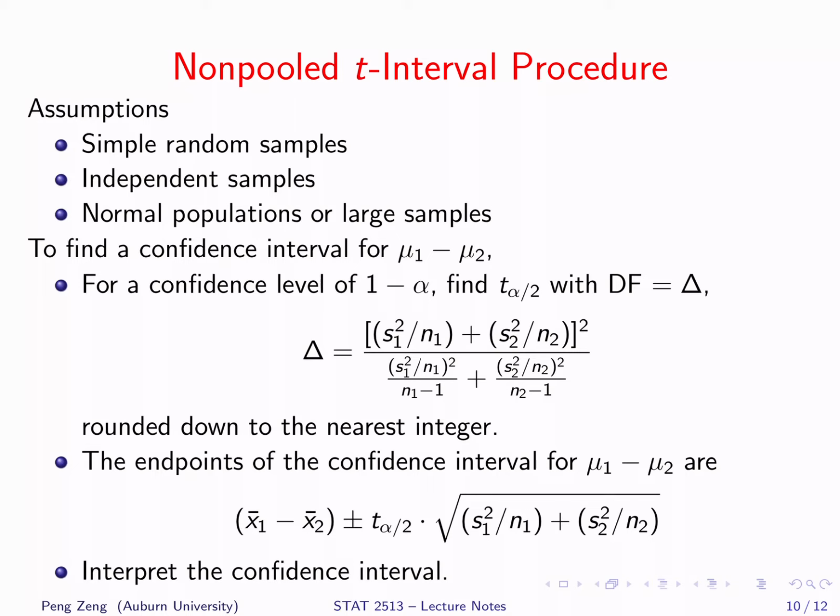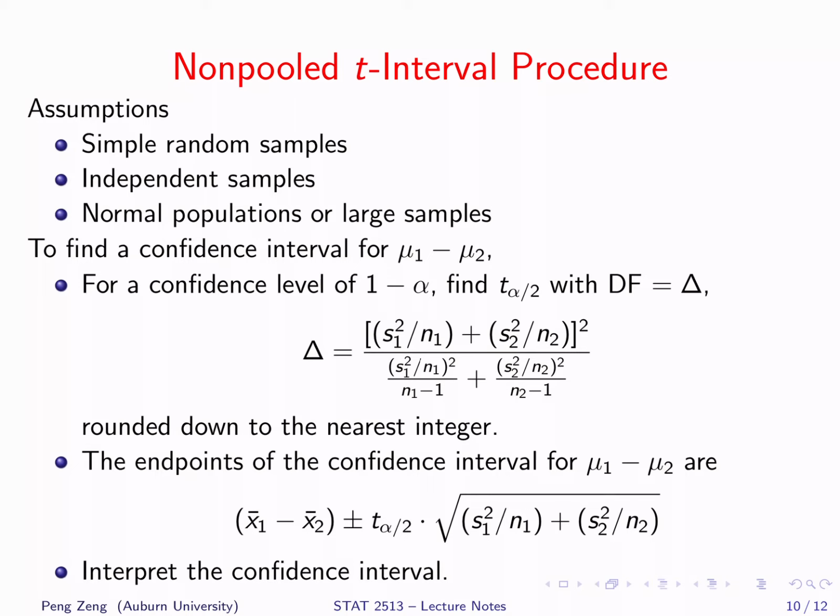We can also construct a confidence interval for the difference of means. This procedure is called the non-pooled t-interval procedure. We have the same assumptions as the non-pooled t-test, which include simple random sample, independent samples, normal population, or large samples. To find a confidence interval for the difference of means, we first need to find t alpha over 2 with delta degrees of freedom.